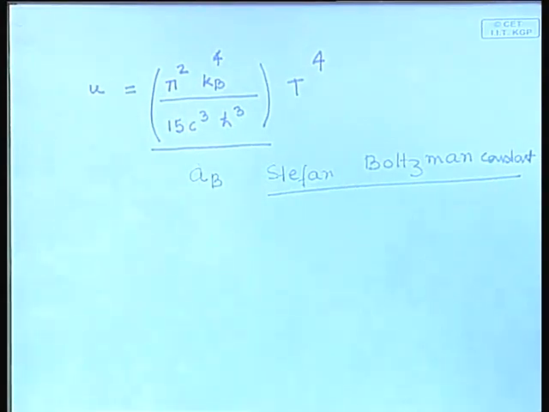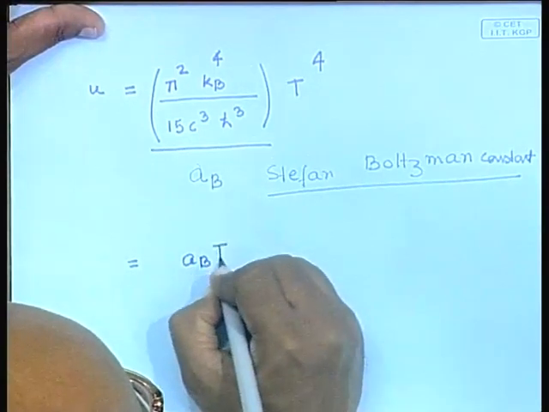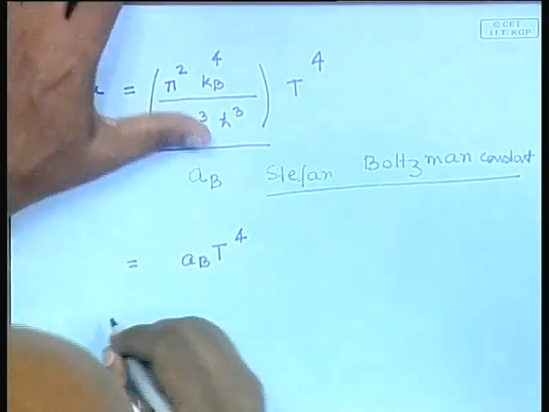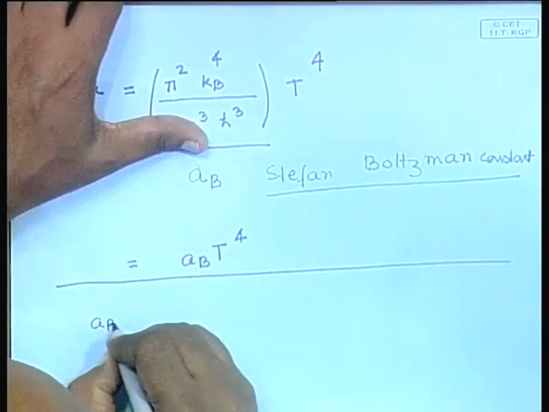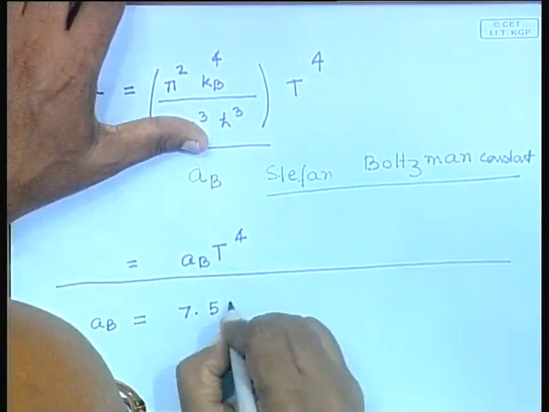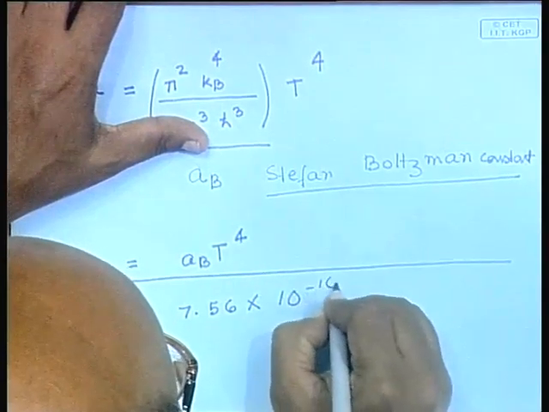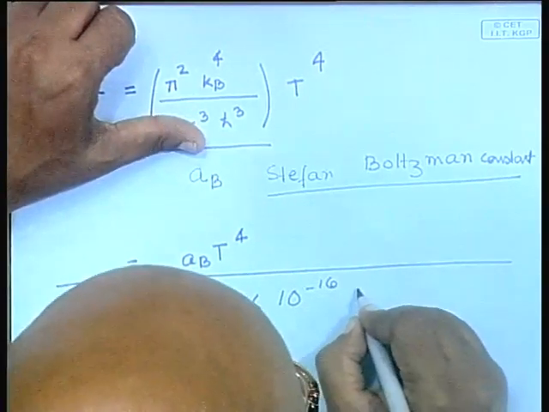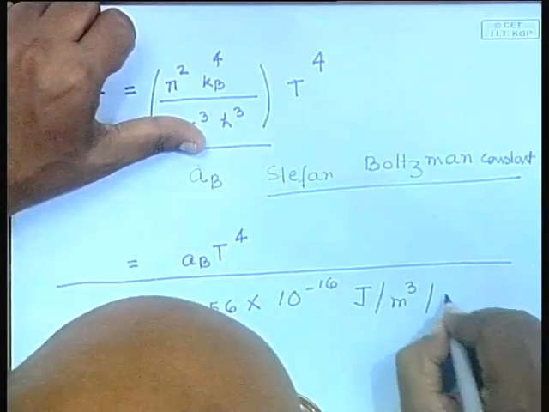So, the internal energy can be written as a_B T to the power 4, and the Stefan-Boltzmann constant has a value 7.56 into 10 to the power minus 16 joules per meter cube per Kelvin to the power 4.